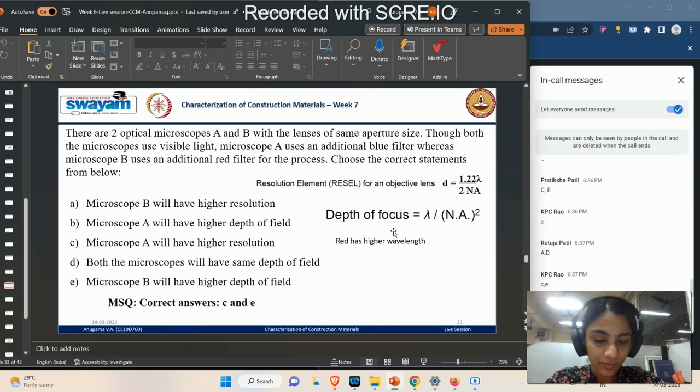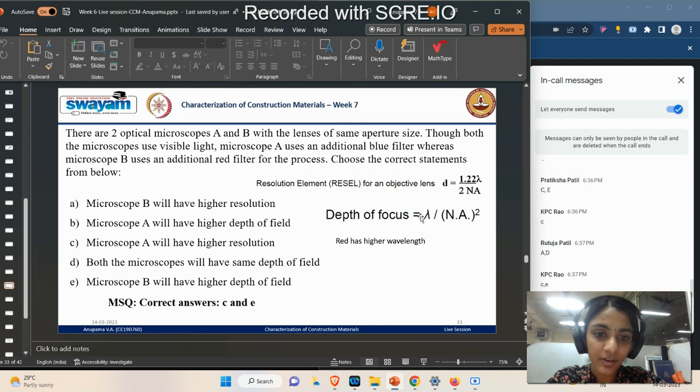Now depth of focus. Depth of focus is lambda by NA square. So again here is a game between depth of focus and wavelength. Wavelength is higher for red, hence microscope B uses a red filter and hence microscope B will have a higher depth of focus.